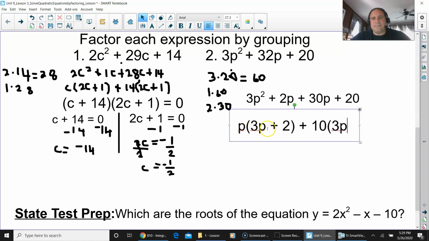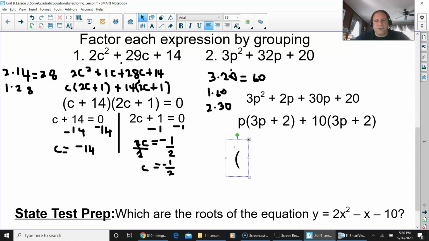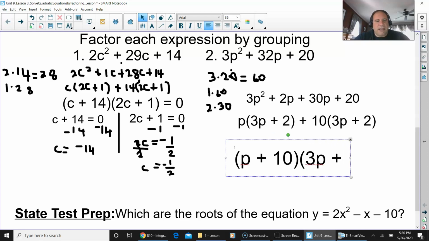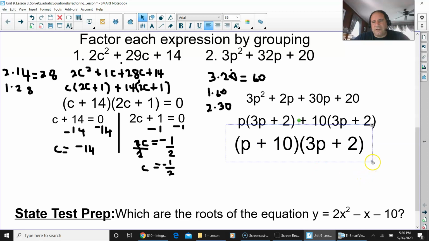You should get the same thing that you have here. 10 times what equals 20? 2. And that is it. So the first binomial, I'm going to take the two factors that are outside the parenthesis, and then I'm going to take the binomial that's inside the parenthesis, and that is it.